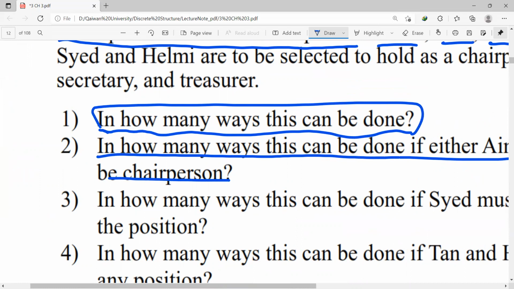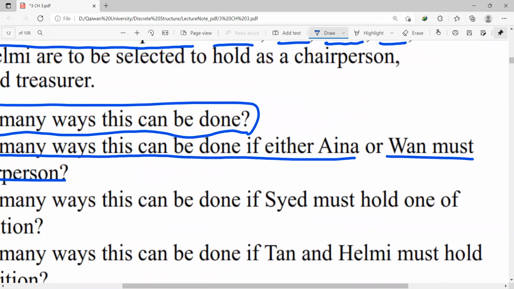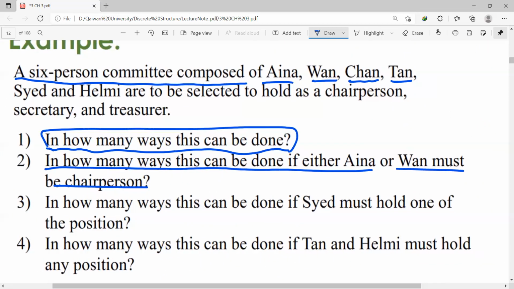We have only 2 people who could be the chairperson, which are Aina and Wan. So for selecting the chairperson here, we have 2 ways because we choose it from 2 people.